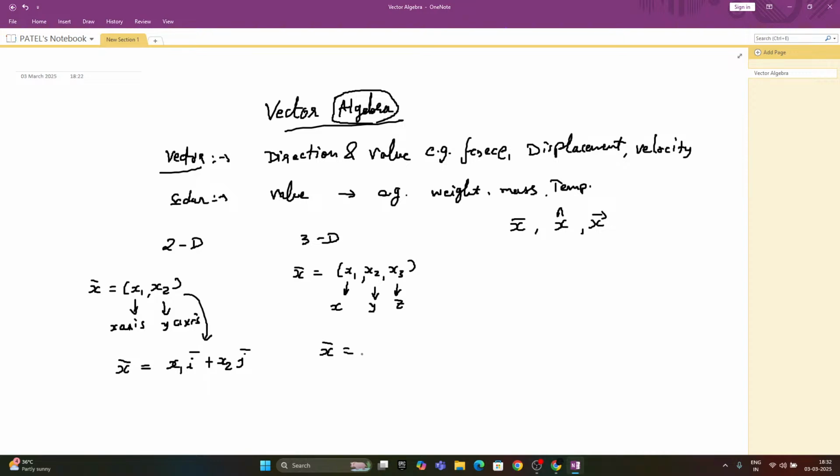For three dimension, it is x1 i bar plus x2 j bar plus x3 k bar, where i, j, and k are unit vectors.